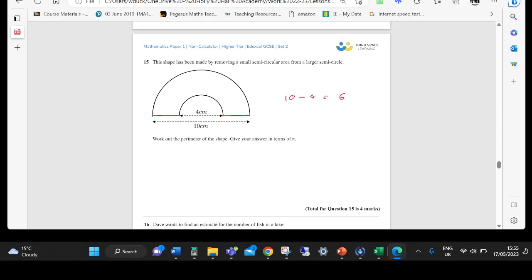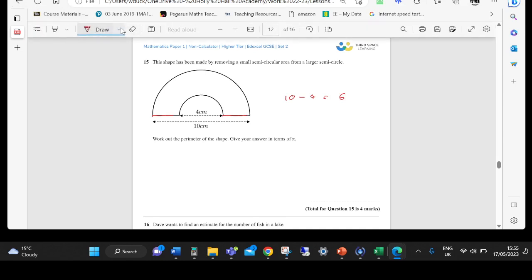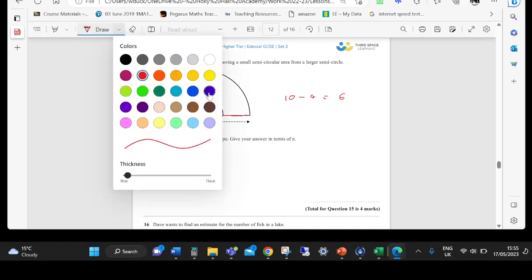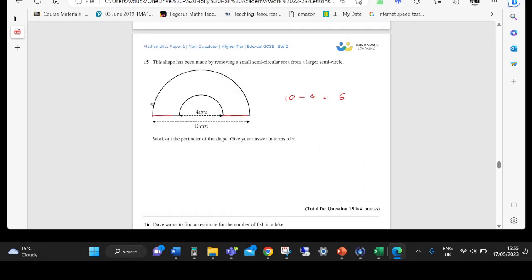Then I'm going to work out the perimeter of both semicircles, or try to, and I'll color code it just to make it clear. So that blue line is going to be equal to pi d over 2.